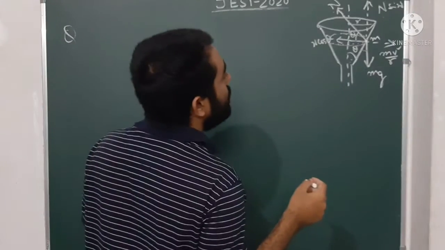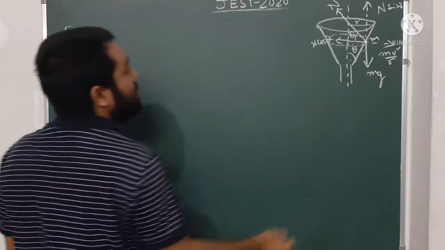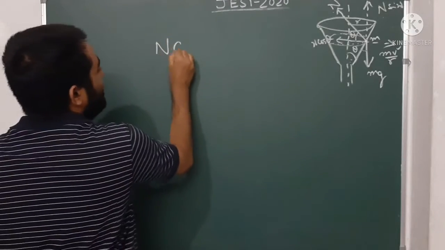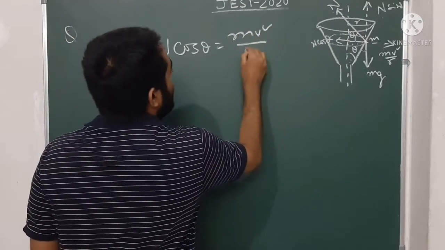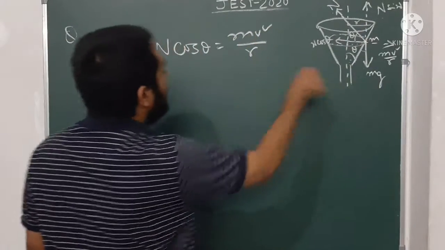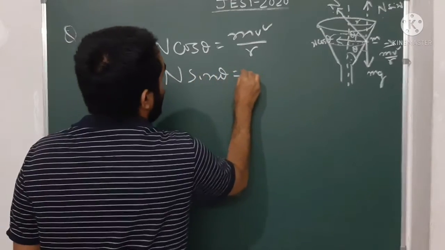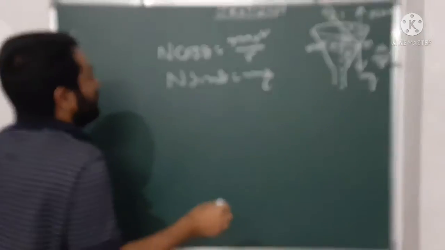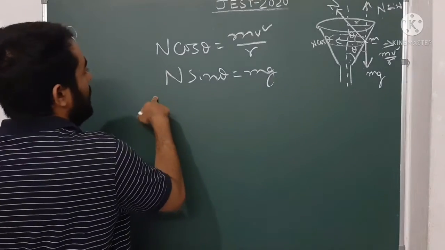So here we will get two conditions. One is N cos theta equal to mv square by r, and another is N sin theta equal to mg.